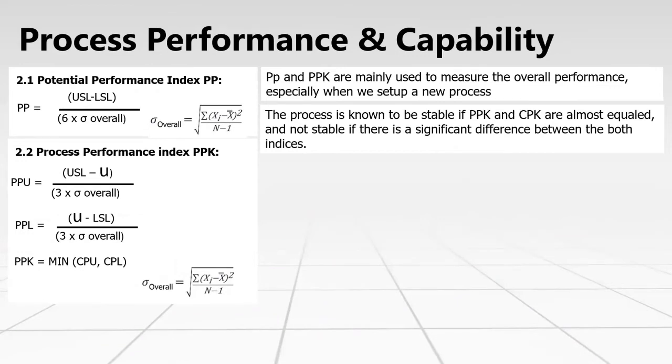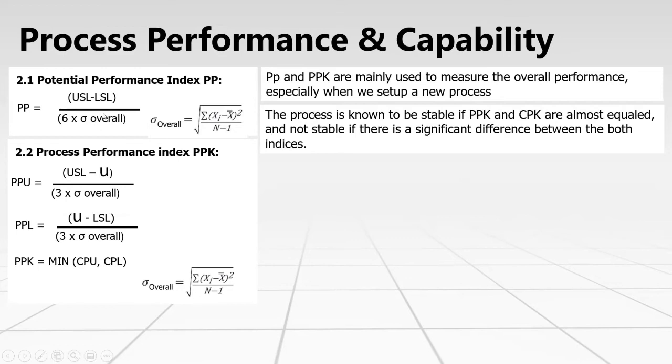At the time that we have stability in the performance, we always refer to the process capability. So again, I repeat that point: the process performance indices are mainly used when we start a new setup of the process, but at the time that we reach stability in the performance, we always refer to the process capability indices.